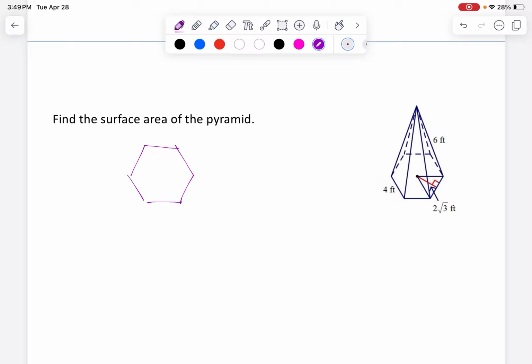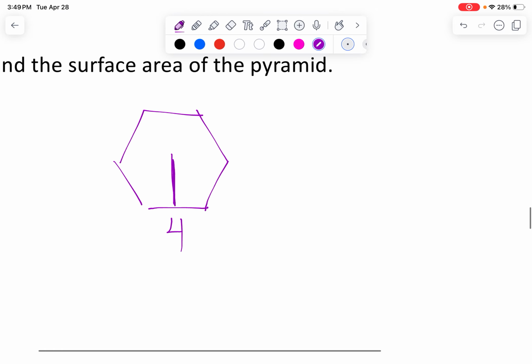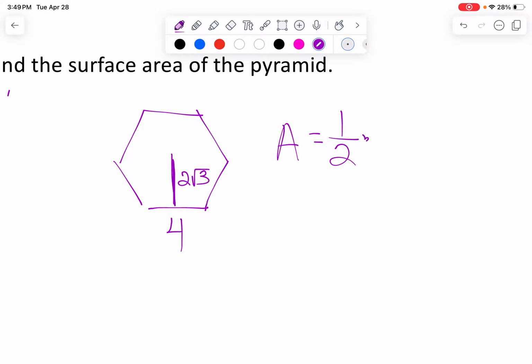For our hexagon, it looks like every side is 4, and my apothem here is 2√3. Remember, the area of a regular polygon is 1/2 times your apothem times the perimeter. The perimeter there, each side is 4 and there are 6 sides, so 4 times 6 would be 24.